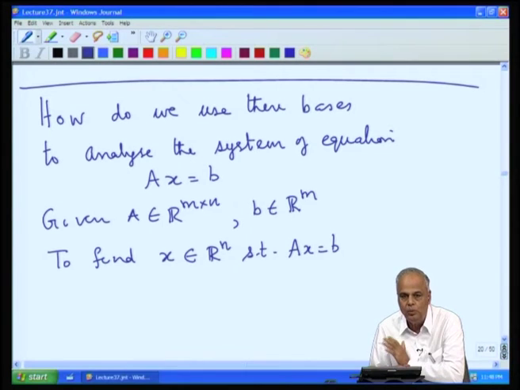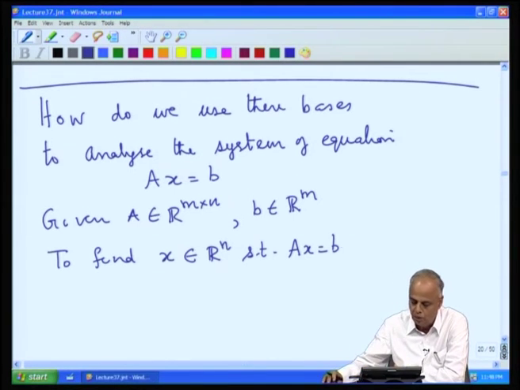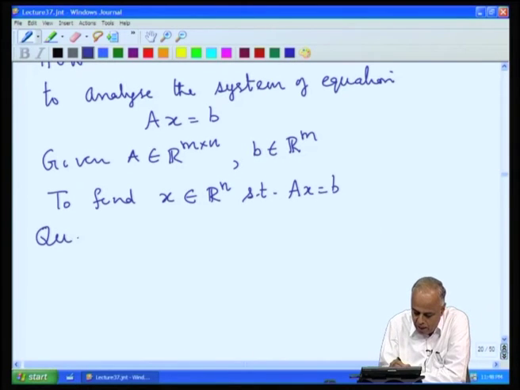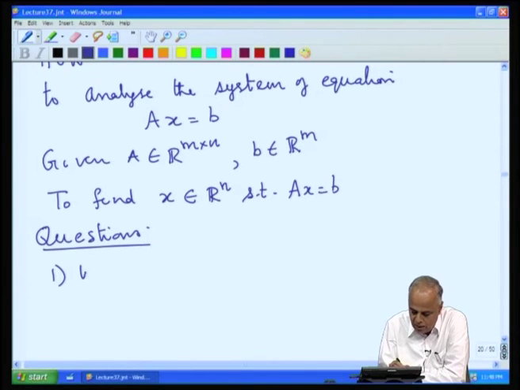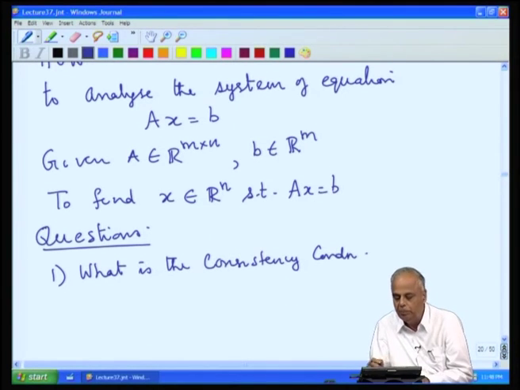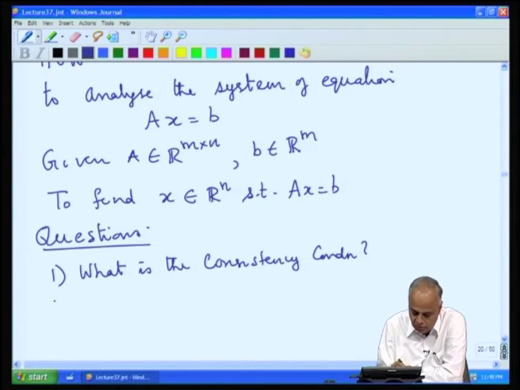Now, we are going to use the basis that we have chosen in order to analyze the system of equations. So, remember what are the questions that we asked? The questions that we have to answer are, what is the consistency condition, that is, what condition should b satisfy in order that the system has a solution.